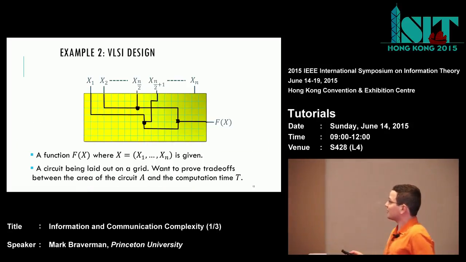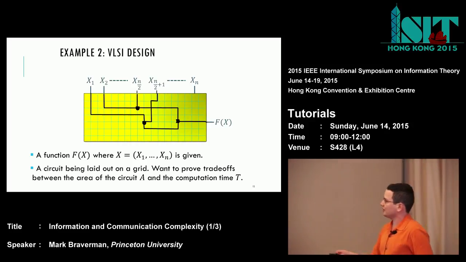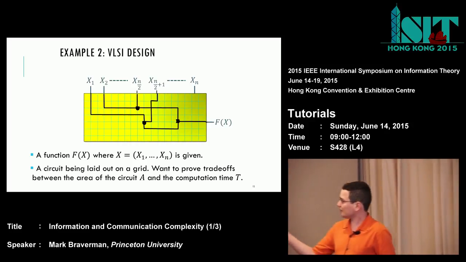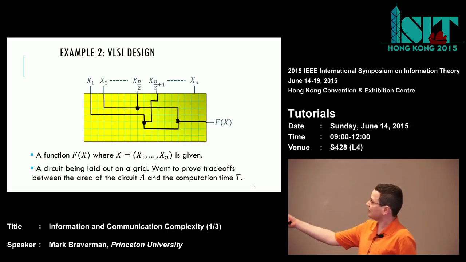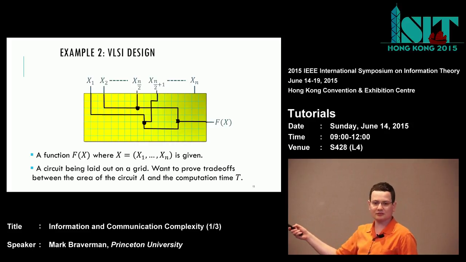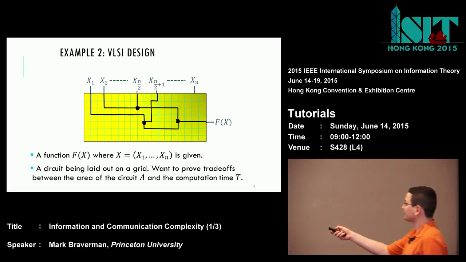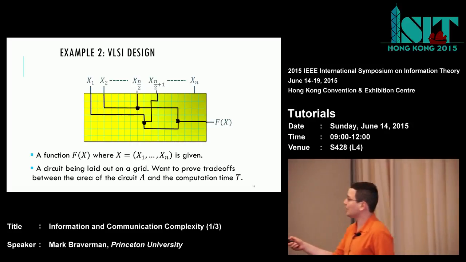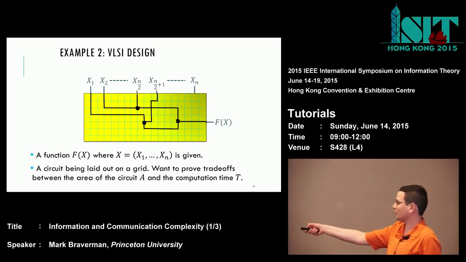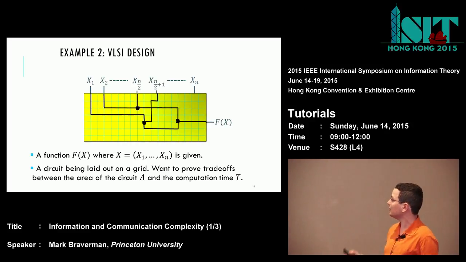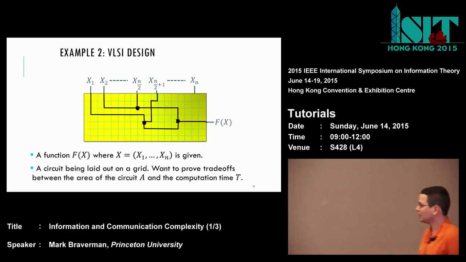So that's one example. A second example is for VLSI design. So this is a very simple model, but basically, there is a function. Any questions? So there is a function, f of the input x1 through xn, and we want to lay out a circuit on the grid that computes f.